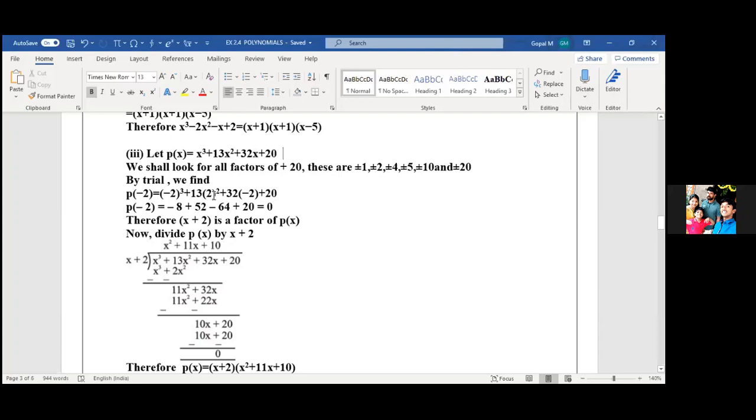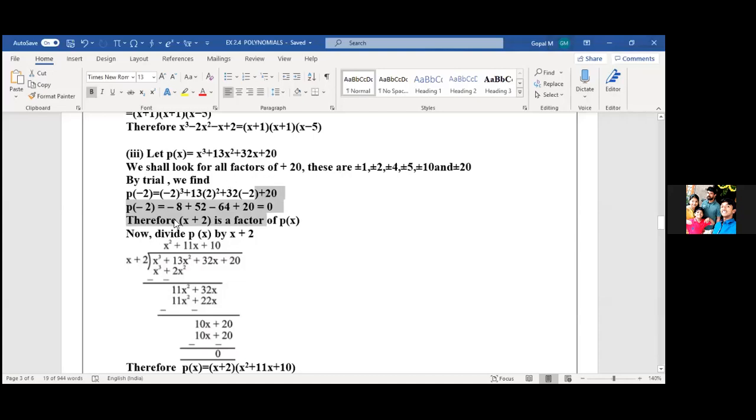Am I clear, children? Because if you take a positive term, you'll not get remainder 0. If you're not getting remainder 0, it means you'll not get the factor. So take a negative number. So now I'll take randomly minus 2. You can take even minus 1 also.